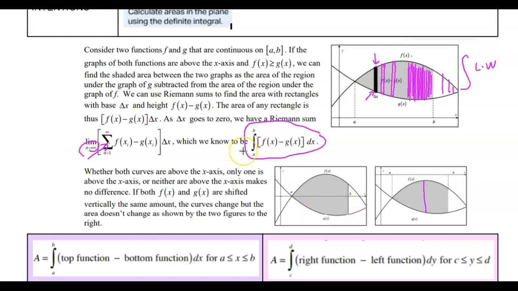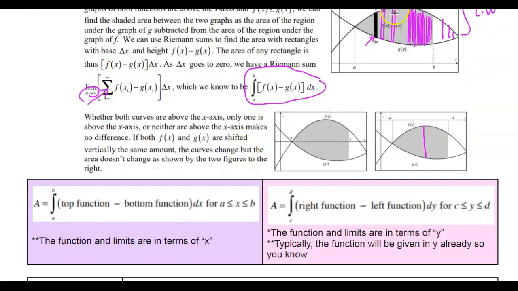Now, when you're finding area, if your rectangles are going up and down, that means my limit values are going to go from x equals a to x equals b. There might be times, especially if I have a function like y squared, where I move my rectangles sideways, and I can do the same idea.